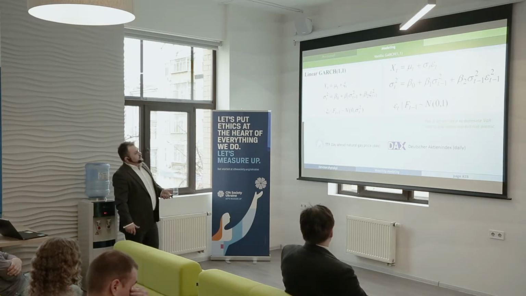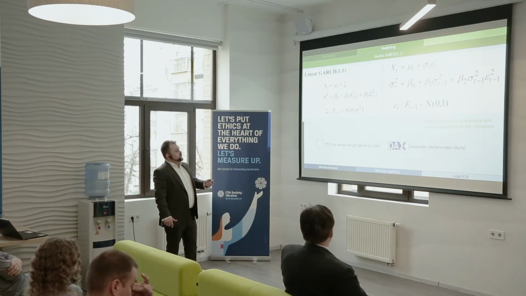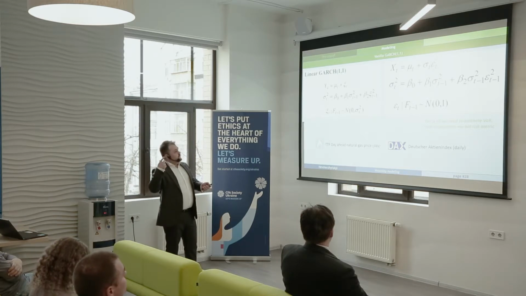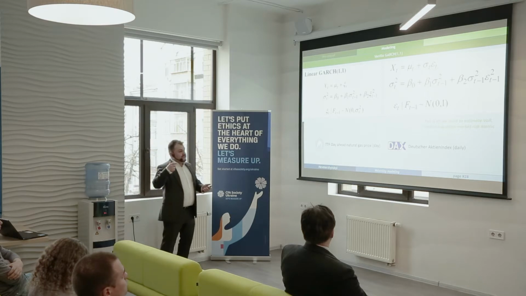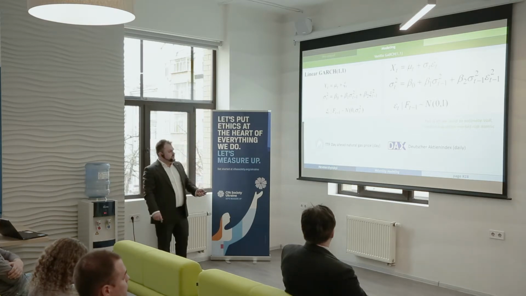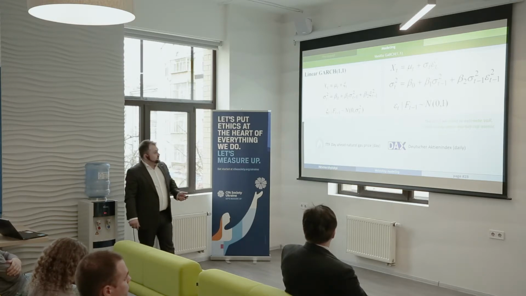Okay, the first model I'd like to present is GARCH(1,1). 1 means that we take into account only one lag for historical volatility and one lag for innovation we observed on the market. The first model assumes that the error term, that IID process, is normally distributed with 0 mean and 1 as variance.